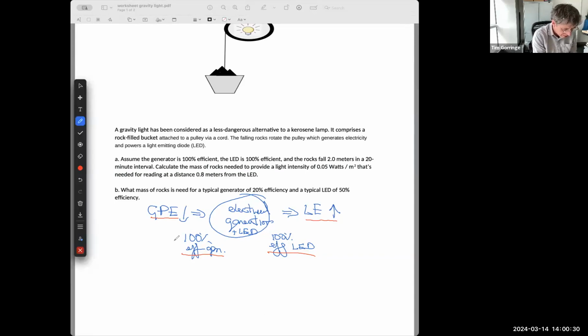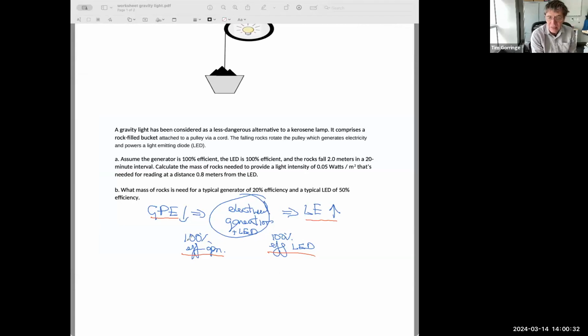So this is the ideal case for our gravity light. And so it will be interesting to see how our gravity light works in this ideal case. Then we can visit a more realistic case of more realistic efficiencies for turning the motion energy into electrical energy, and the electrical energy into light energy.